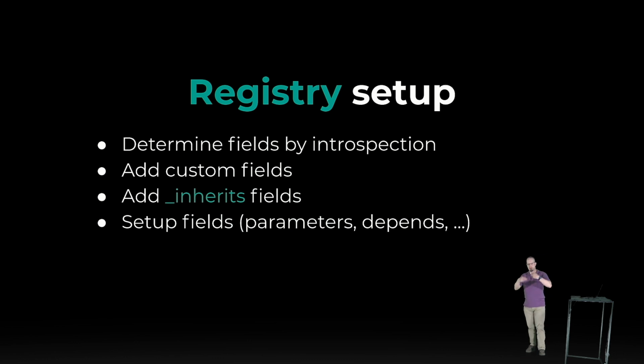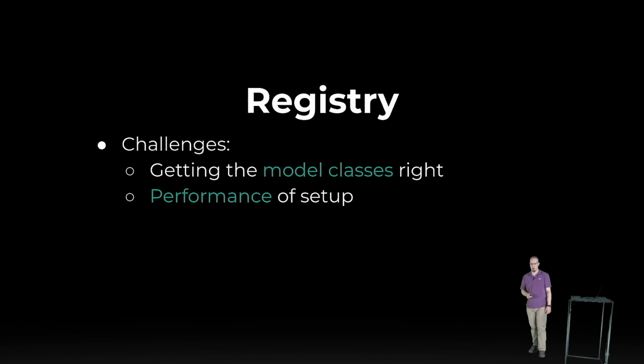And then there's a setup for each field to determine its own parameters, its dependencies, and so on. I'll come back later, especially on the dependencies, because the setup that determines the dependencies will actually build so-called field triggers.